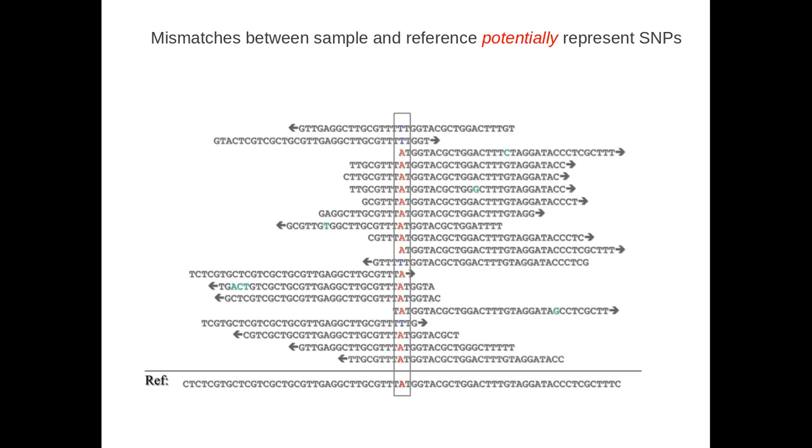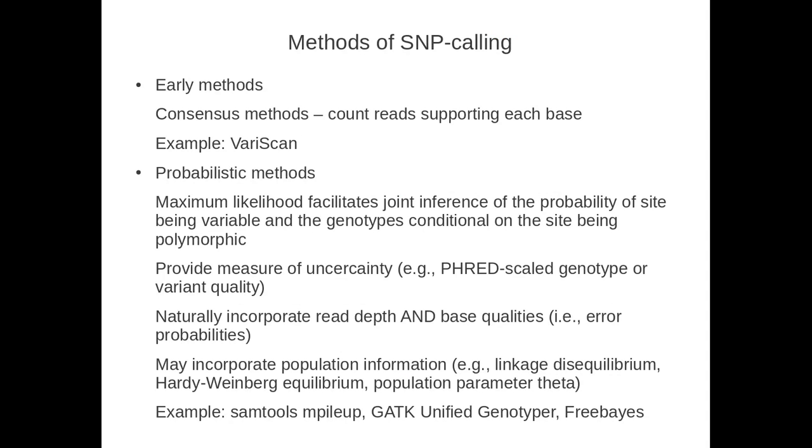And that may well be true, but modern SNP callers take into account the base qualities of these T's and A's at this position and incorporate that base calling error probability into a SNP calling and genotyping mathematical model. So these are probabilistic methods that I'm calling here.